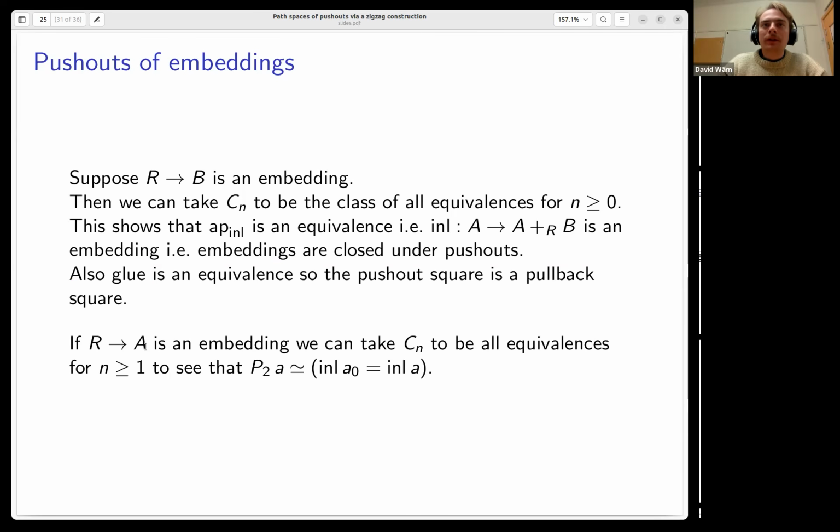And we can also get this result describing the map.